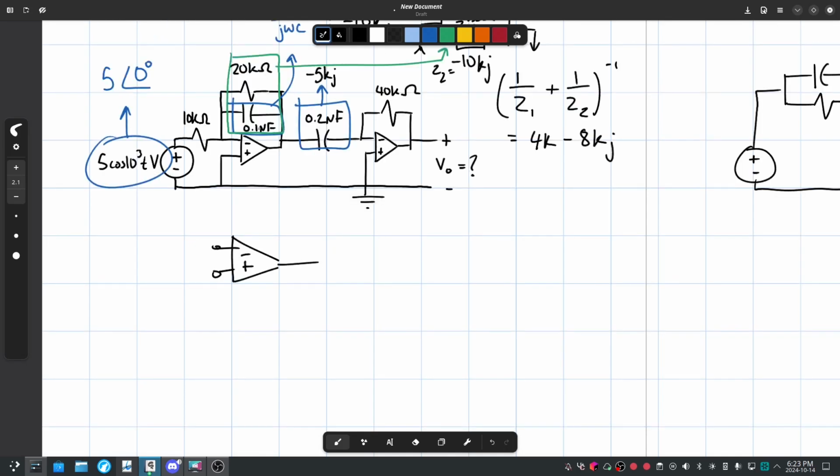Is that microfarad? Yes, it's micro. They're both in micros. You can convert this, and this is going to be the negative pole, this is going to be the positive pole, and you draw this dashed line here to represent that the difference in voltage is 0, but there's also no current across.